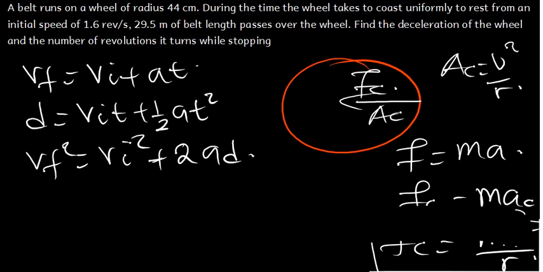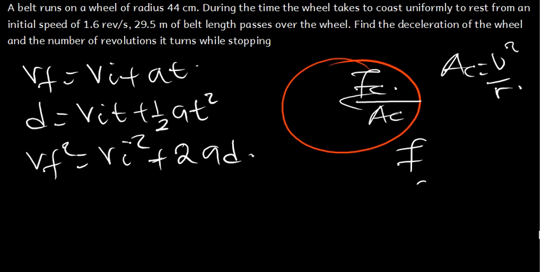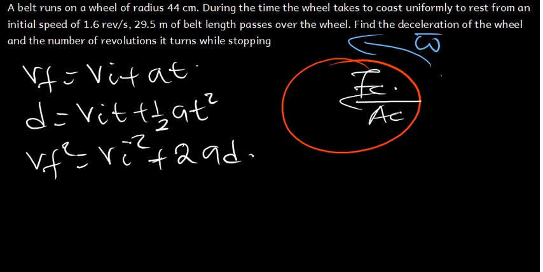Now, when an object is moving around the circle, we're going to have the angular velocity. So we have to know the relationship between the angular velocity and the linear velocity. In translational motion, v is what we call the linear velocity, d is the linear displacement, and a is the linear acceleration.